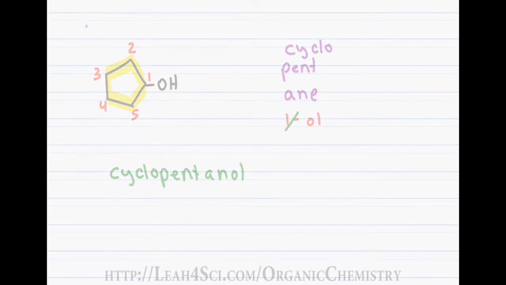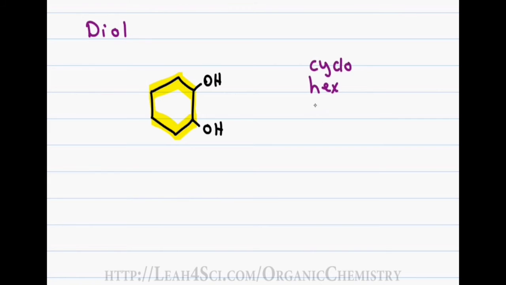A diol is a compound that has 2 OH groups on the same molecule, and we'll use this as an example. My parent chain has a total of 6 carbons in a ring. That gives me a first name of hex and a prefix of cyclo. Only single bonds gives me a last name of -ane. Since this is a symmetrical molecule, I can choose to number from either direction as long as one OH group gets number 1 and the second one gets number 2.